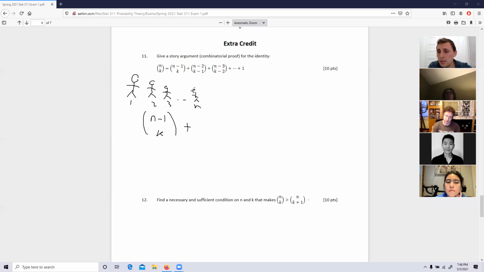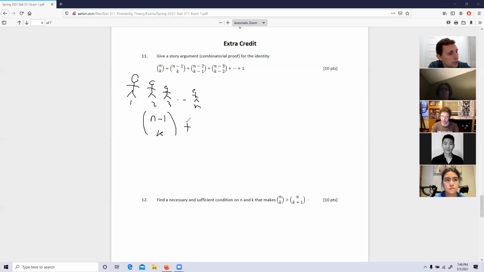Do you understand? You see how I'm going with it, guys? I go based on the guy that I did not pick. First, I did not pick the shortest guy. That's n-1 choose k. Then I say, well, let's suppose I did pick the shortest guy, but did not pick the next shortest.